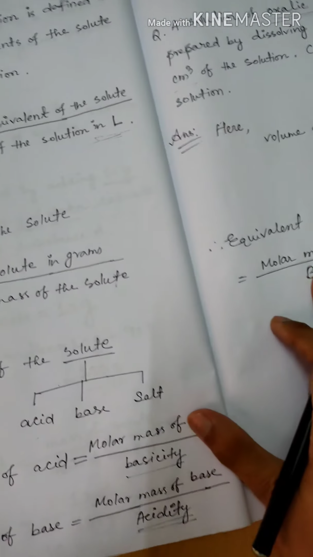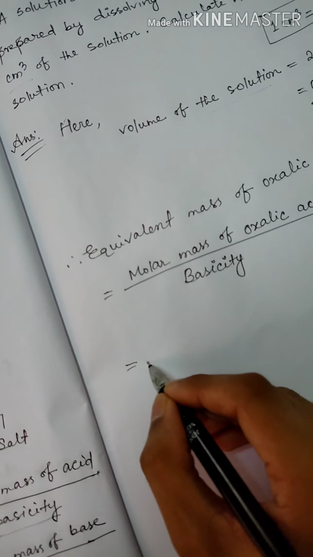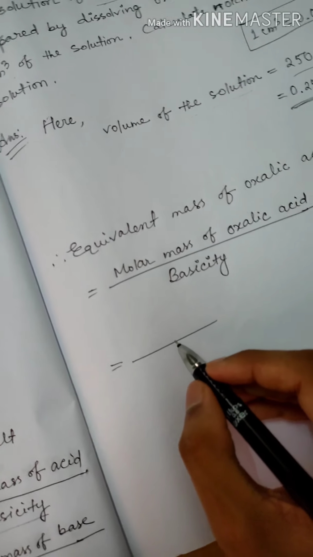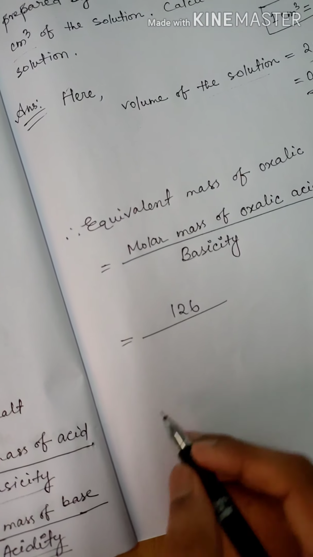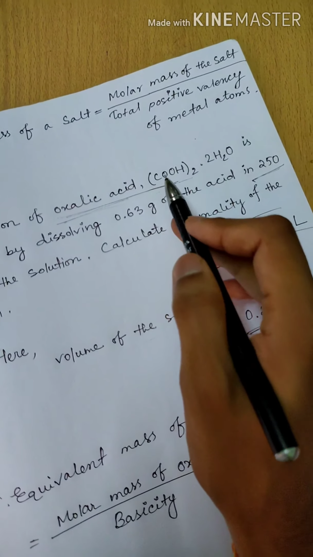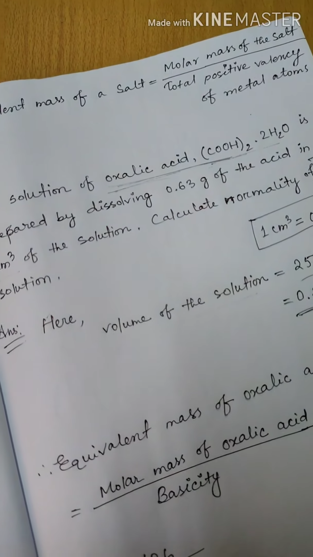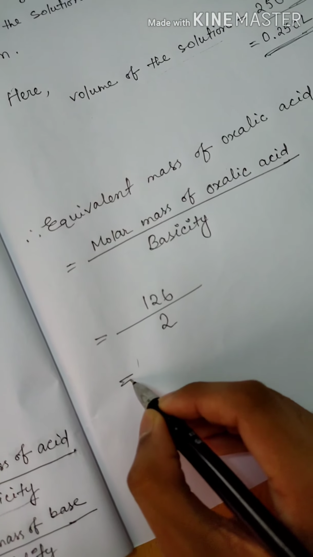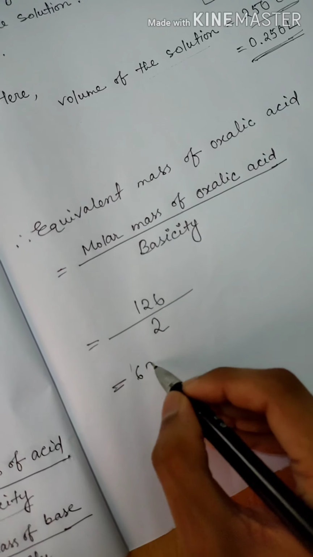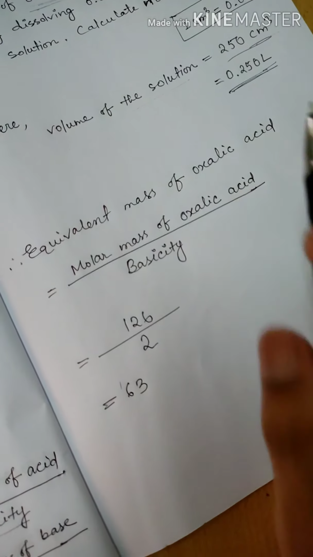This is our formula. Now here the molar mass of oxalic acid is 126 and basicity is 2, because in oxalic acid the number of displaceable H positive ions is 2, so our basicity will be 2. If we divide this, our result will be 63. This is the equivalent mass of oxalic acid.